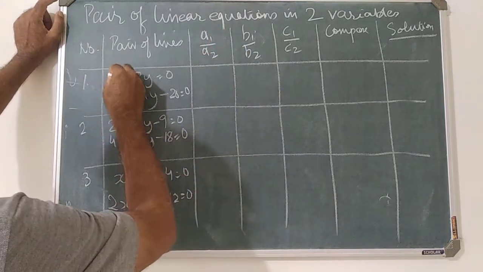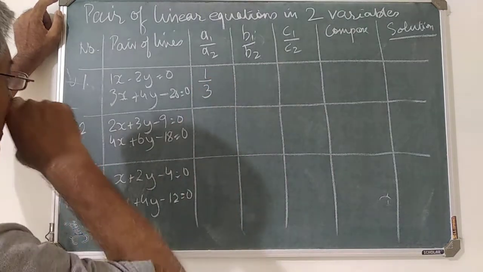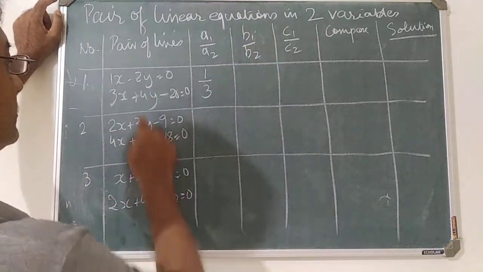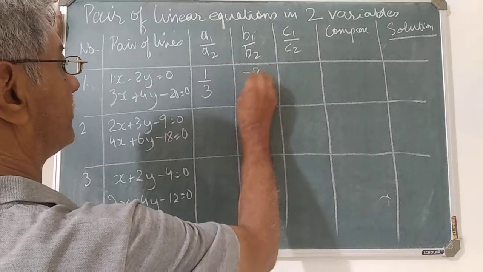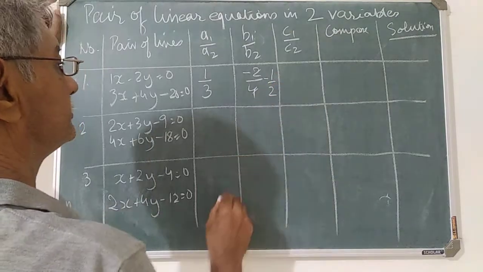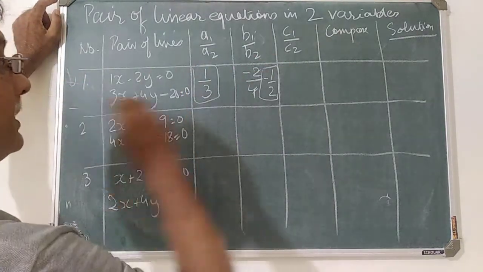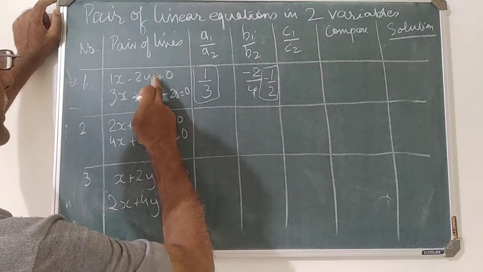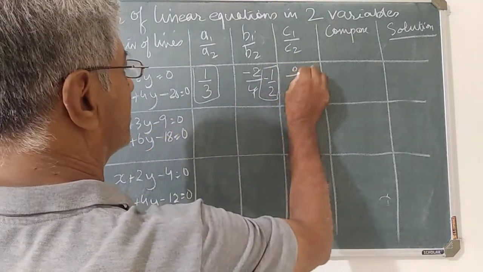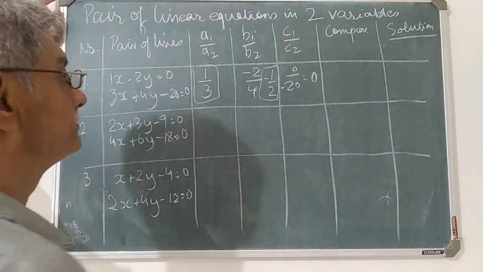That is 1 upon 3. b1 upon b2 is minus 2 upon 4, or if you cut this, it will become minus 1 upon 2. And c1 upon c2: c1 is 0, so 0 upon minus 20 is equal to 0.